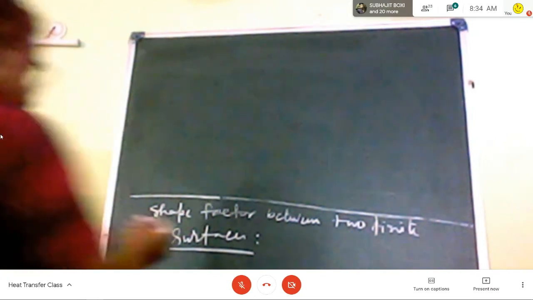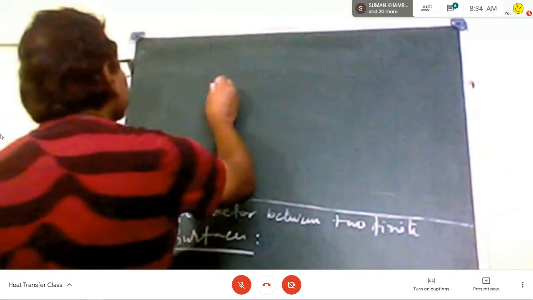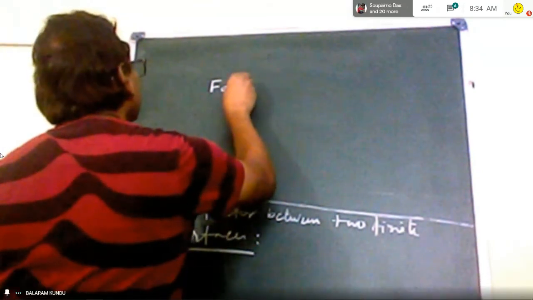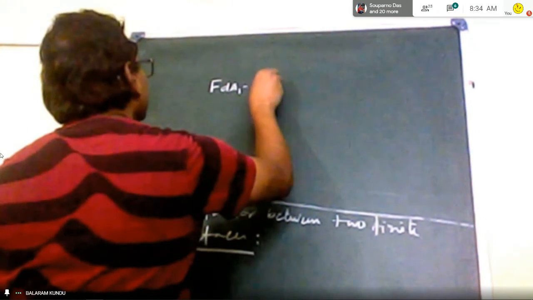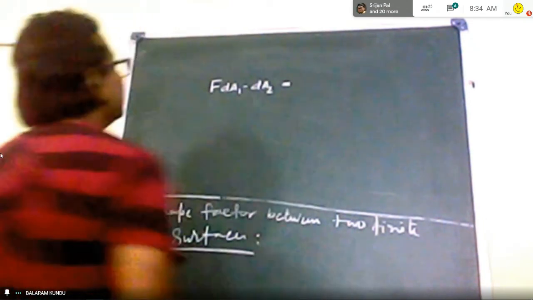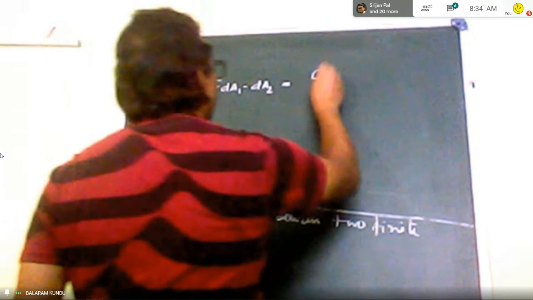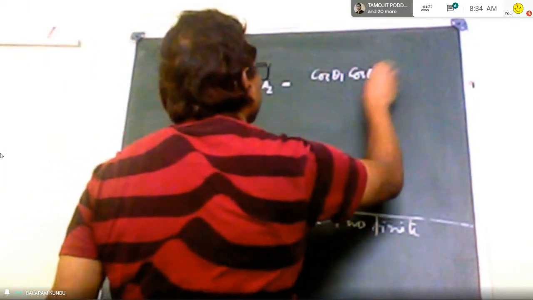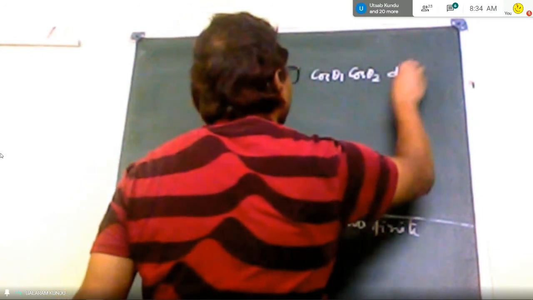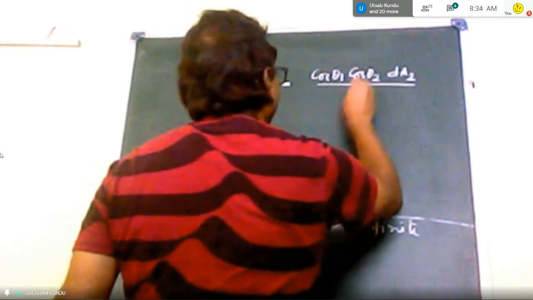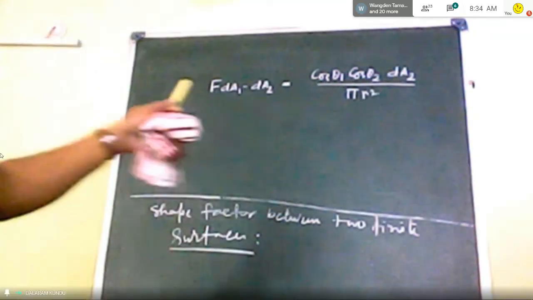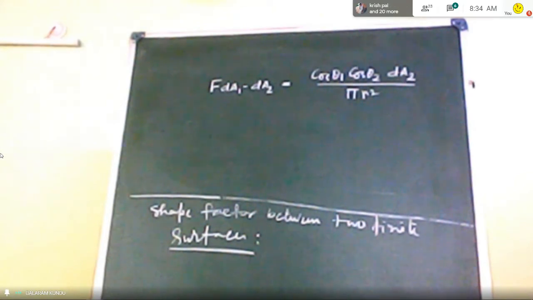The expression for elemental surfaces, F of dA1 to dA2, is equal to cos of theta 1 cos of theta 2 into dA2 divided by pi r square. This expression has already been derived.